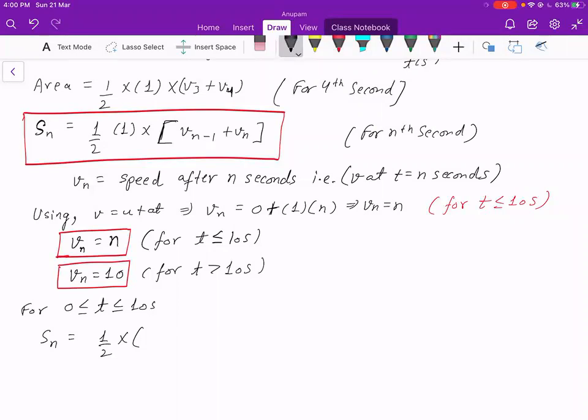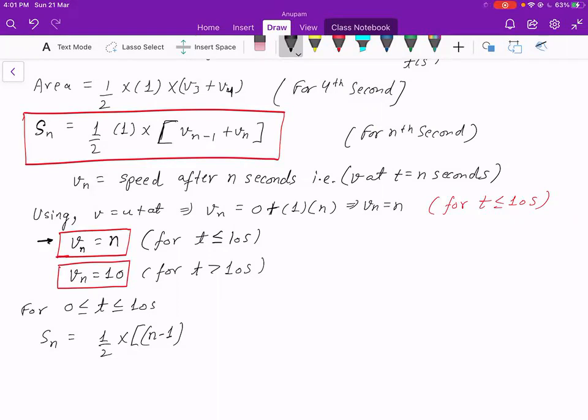See, Vn is n. That's the hint. So Vn minus 1 will be simply n minus 1, isn't it? If V3 is 3, then V2 will be 2. If Vn is n, then Vn minus 1 will be n minus 1. Does that make sense? You can ask me if you didn't get it.